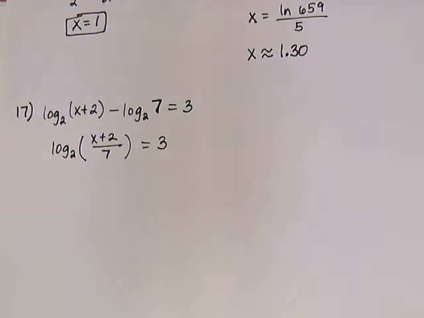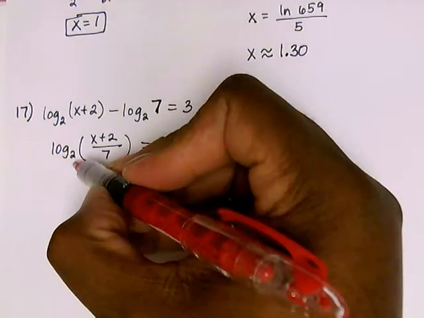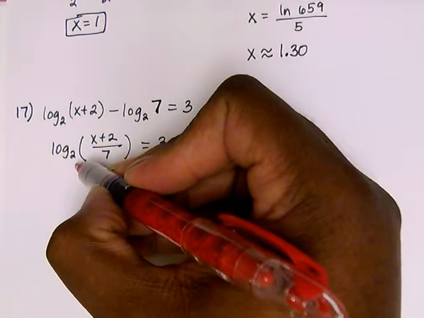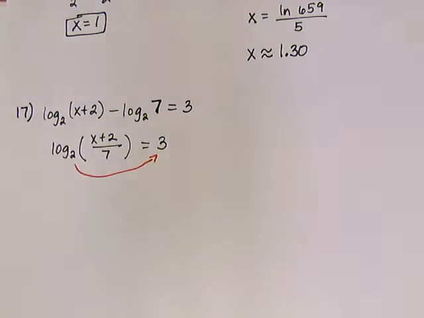Now, I only got the log on one side, so I have to use the definition of a logarithm by rewriting this in its equivalent exponential form. So what I'm going to have to do here is this. This base of 2, that's going to be the base. Your 3 will be your exponent.